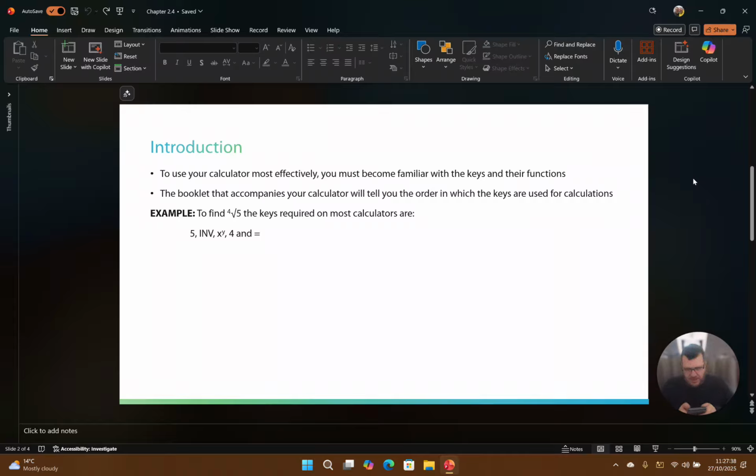So in which case, I'm going to switch to my phone and see if I have an invert button on the calculator here as well.